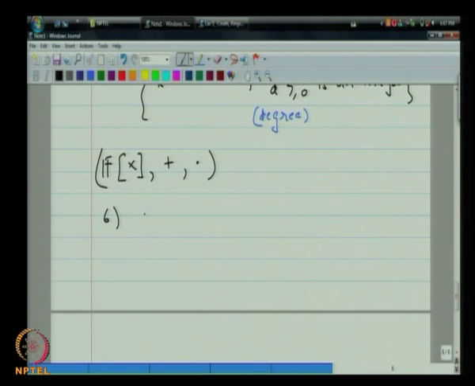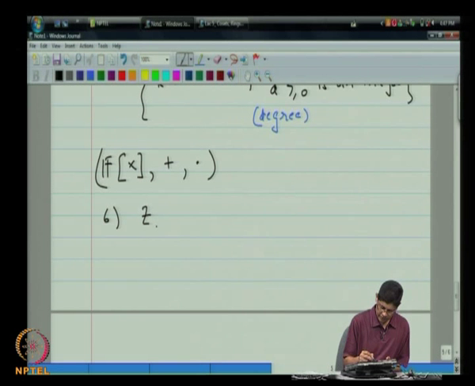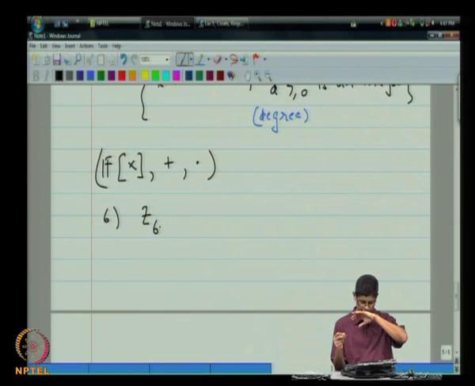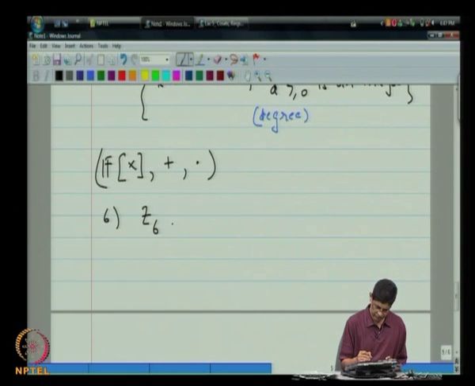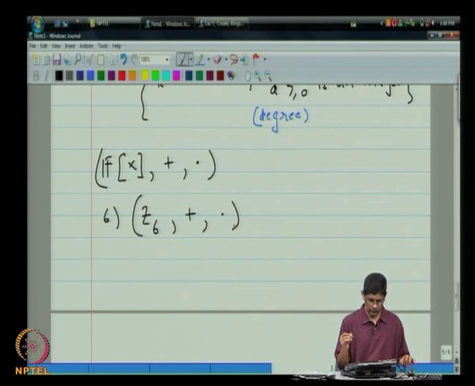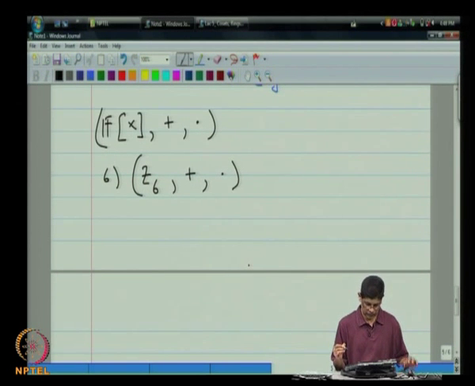So, consider Z 6 under addition and multiplication. So, addition and multiplication take place modulo 6.